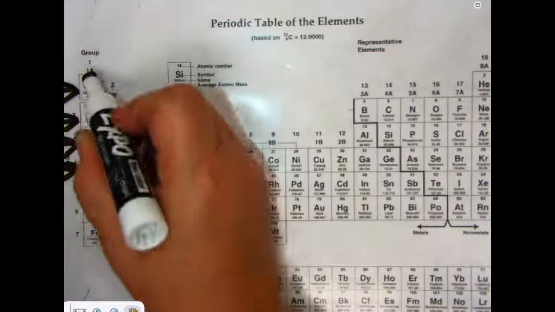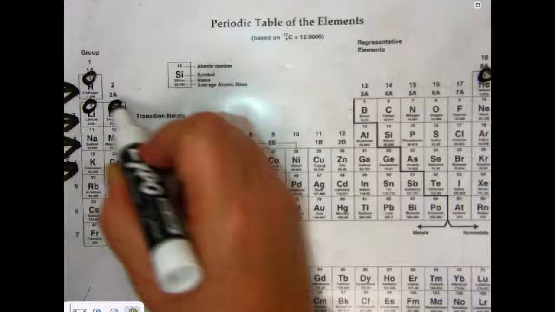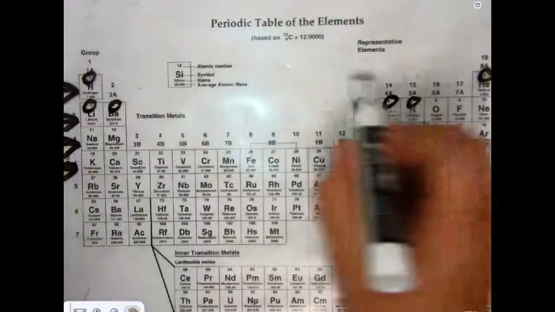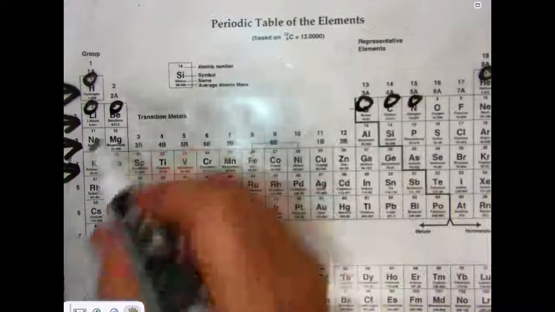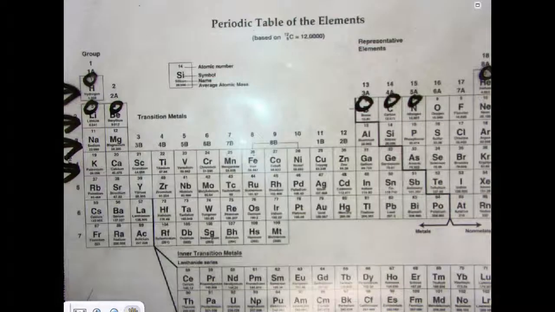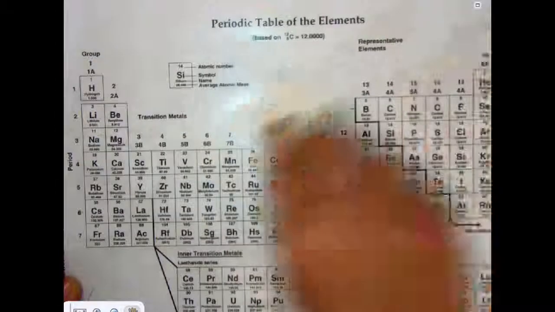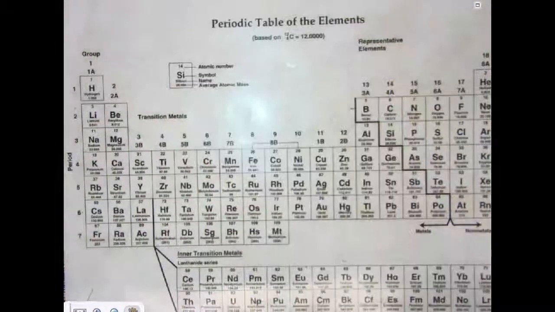Okay, so this guy has 1 proton, then 2, then 3, then 4, then 5, then 6, then 7. So as we go along and add protons, every time you add a proton, you change the element. Okay, so you can't have 2 of the same element with different numbers of protons. As soon as the number of protons changes, the element changes.